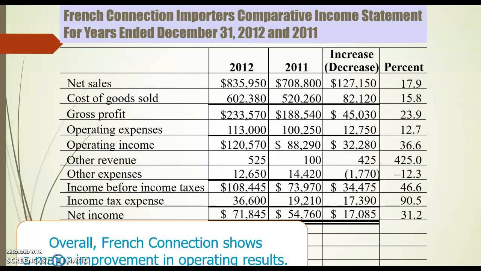That could be a good thing. Maybe we found some vendors that we could get our stuff from at a little bit cheaper price, but it's the same quality. But it could also mean a bad thing, like we found some cheap stuff that is not good quality, and that's how our cost of goods sold is smaller, but we still sold it for a higher price.